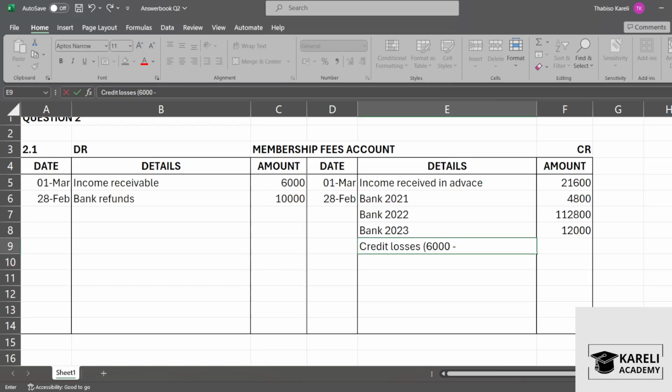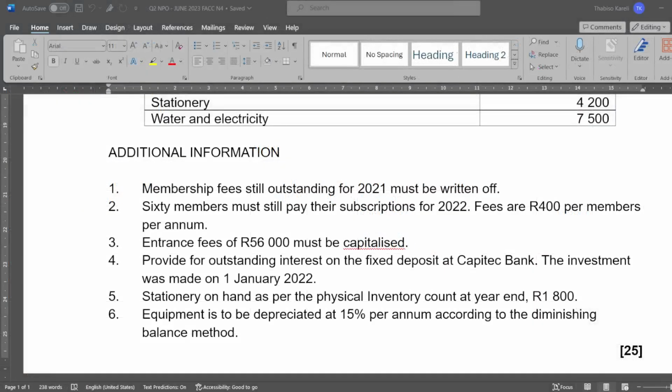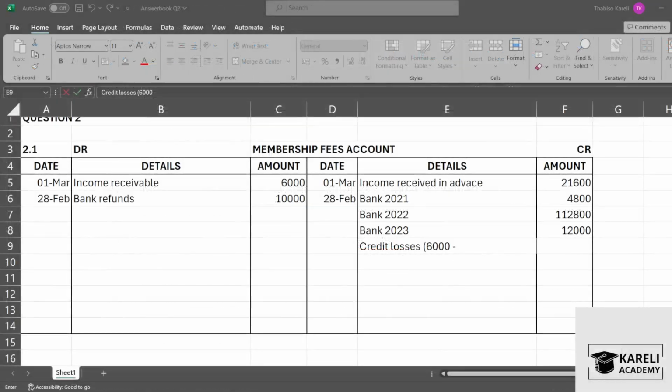Remember, on the question paper, they are saying outstanding for 2021. Now 2021, our opening balances, we had 6,000 as an opening balance, and from the receipts, it indicates that we received for 2021 4,800.